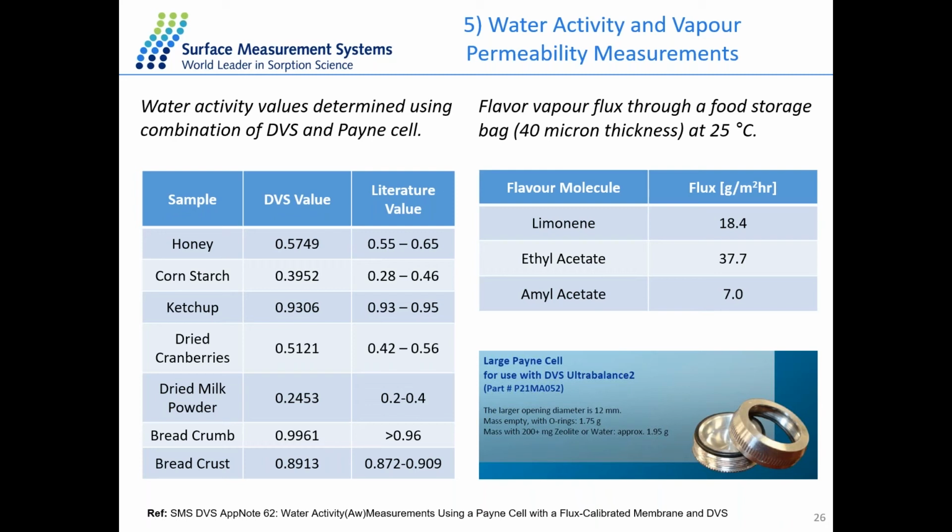And very similarly, we can also measure the diffusion rate of some flavor molecules by putting the liquid inside the cup here and sealing the cell with some storage bag. And then we can measure the mass loss and calculate the water flux for this certain kind of flavor molecules escaping from the storage bag or packaging material.